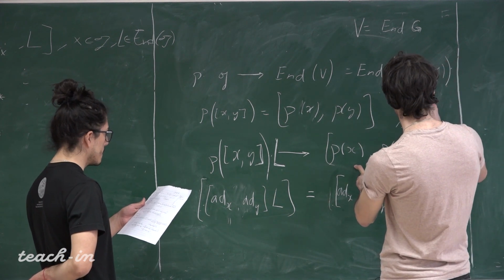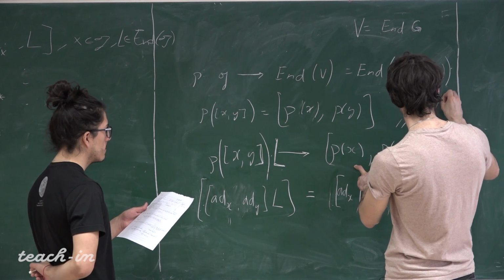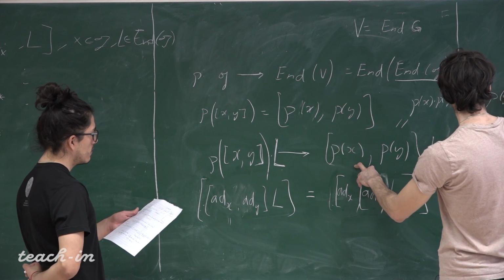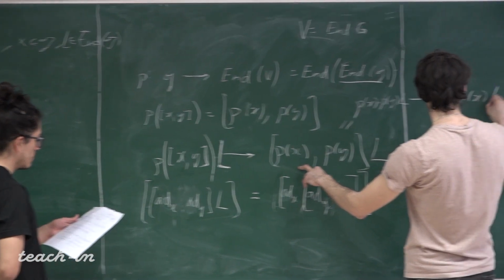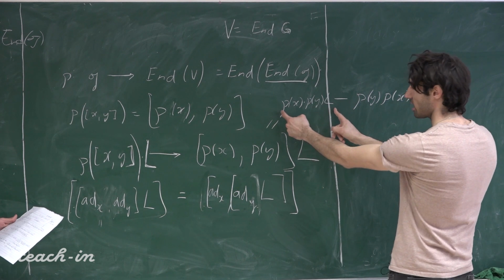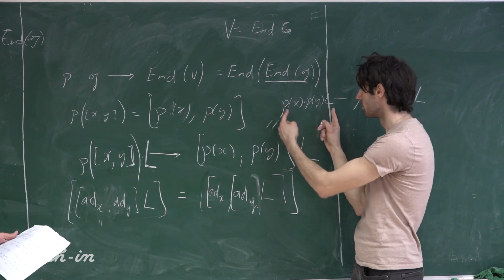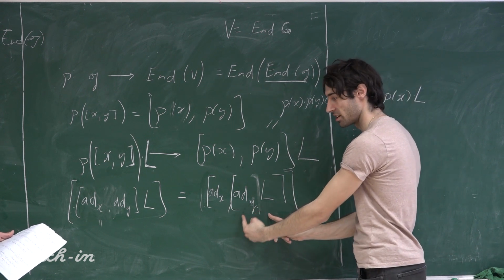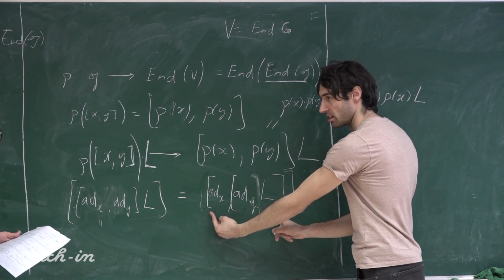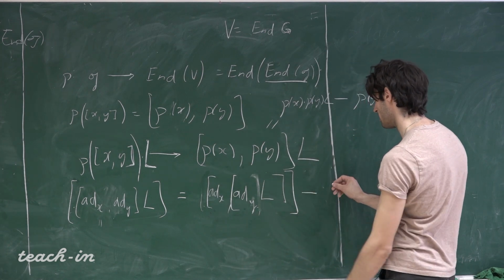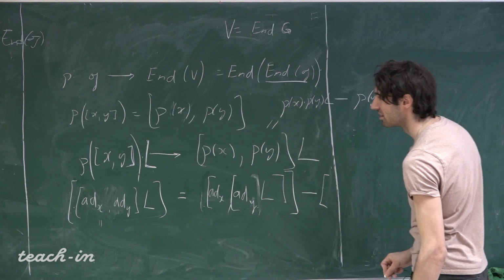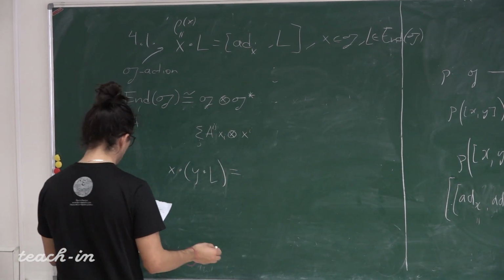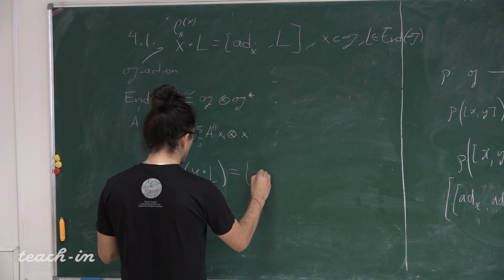It's rho of x applied to rho of y applied to L minus rho of y applied to rho of x applied to L. So first I consider this term, right? I apply rho of y to L. I take this bracket. And then I apply ad x. Okay. Minus, rewrite it like action y. Minus ad y, then ad x, L.